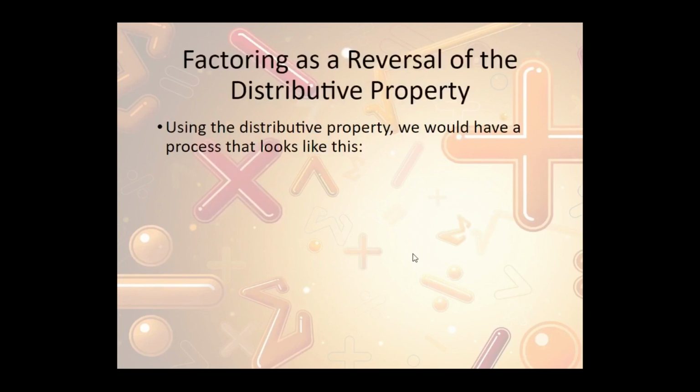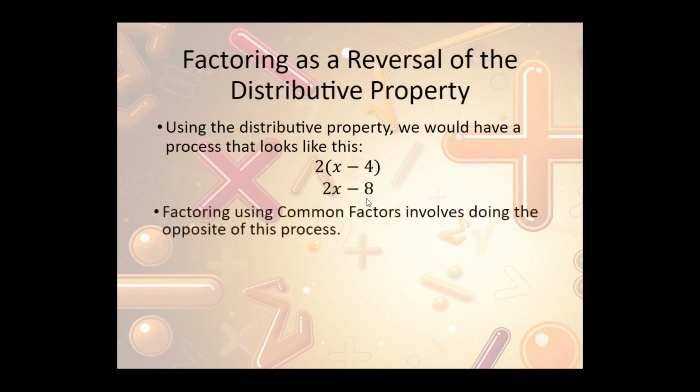Factoring is really just a reversal of the distributive property. For instance, with the distributive property, we had something that looked like this earlier. We had 2 times x minus 4. Well, we multiply 2 times x and 2 times negative 4, and we get 2x minus 8. Now, if we were to factor this, we're looking for something that's in common between the two of them.